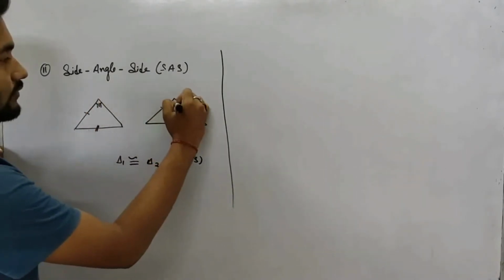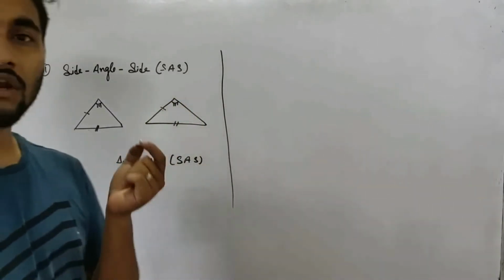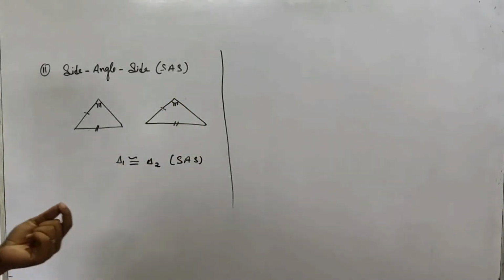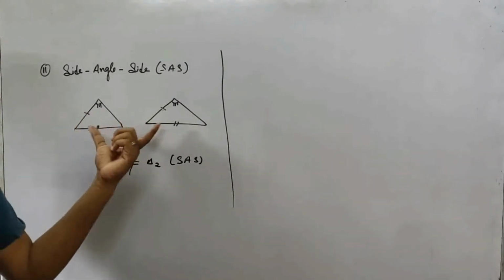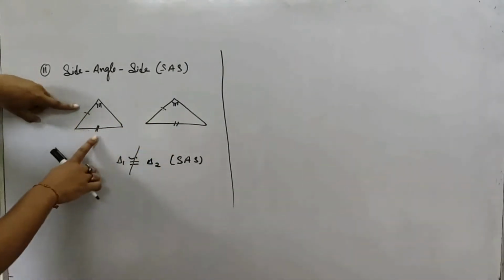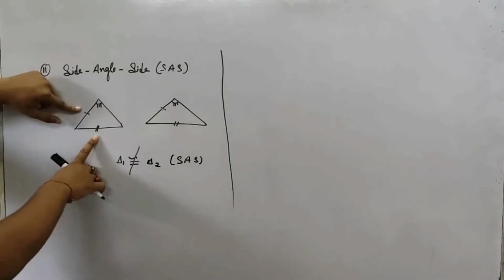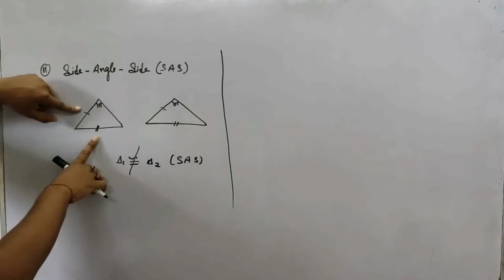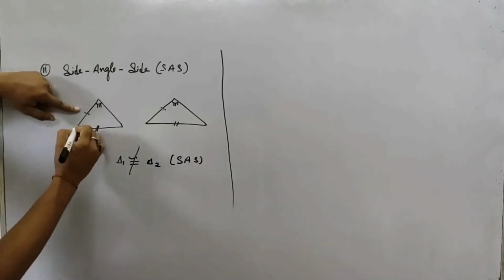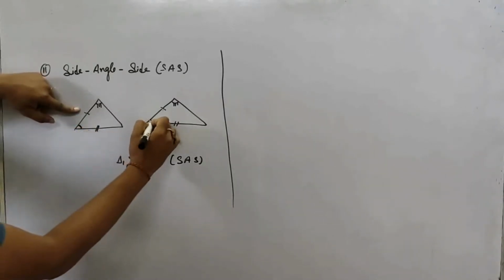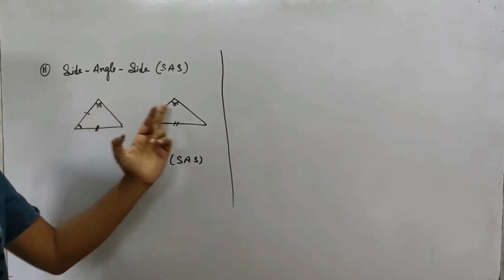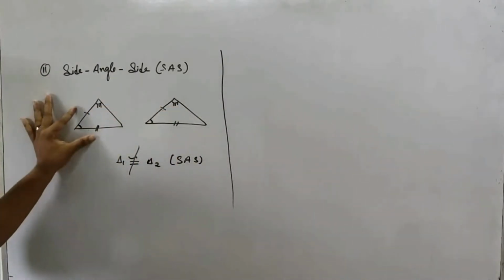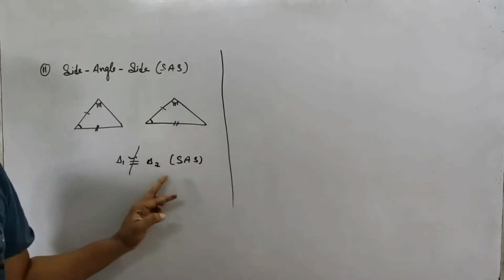Then mind it, it will not become side, angle, side, and you cannot say that this is congruent. This is wrong. Why? Because these are the two sides, and the angle between these two sides should be this angle. But we have shown this other angle, which is not between these two sides. So it will not become SAS.